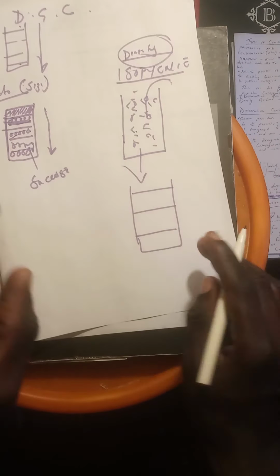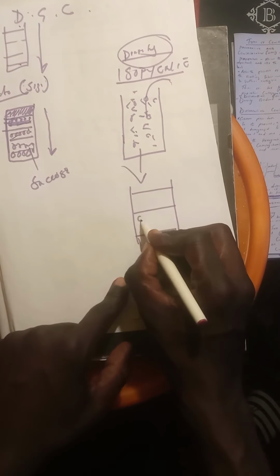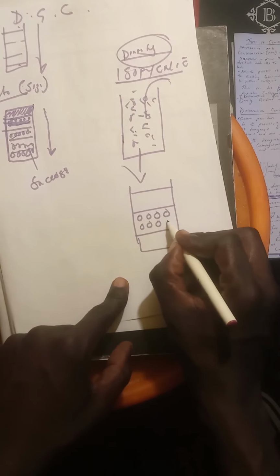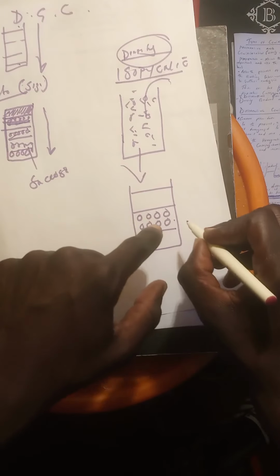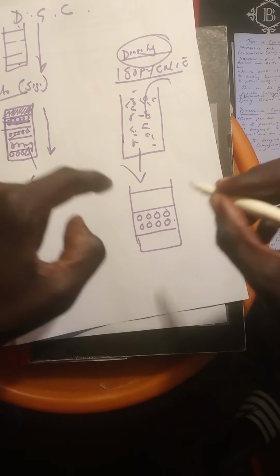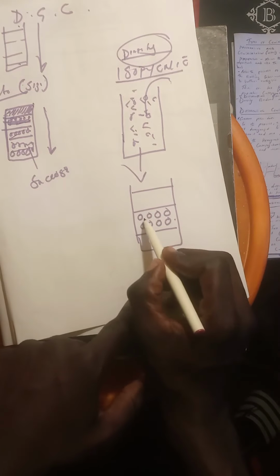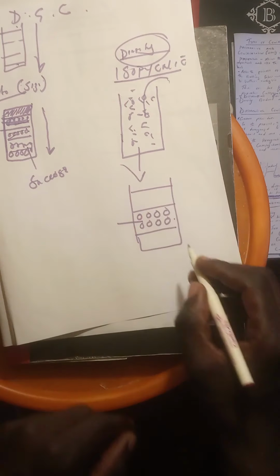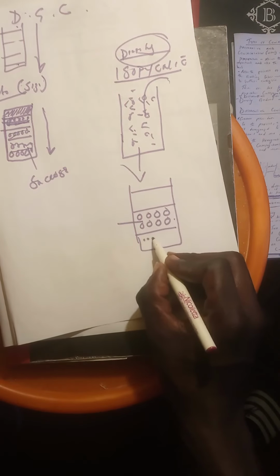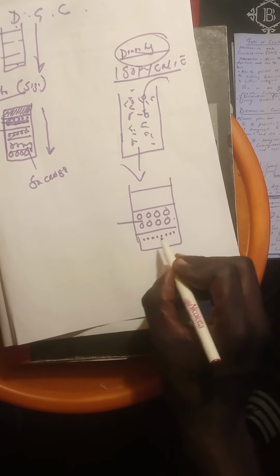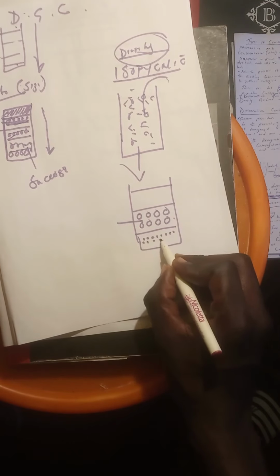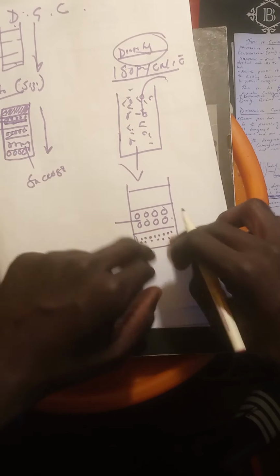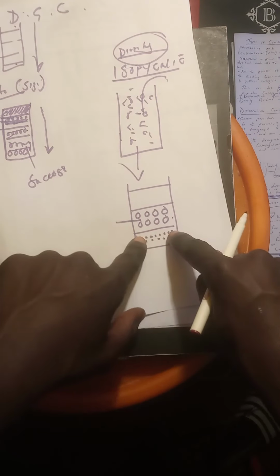So what happens is that you have particles settling at places where their densities correspond to the density of the medium. So if large components are corresponding to the density which is here in the middle, then they'll settle there. They'll form bands there. If you have smaller components corresponding to the density of the bottom part, then they'll form bands there.